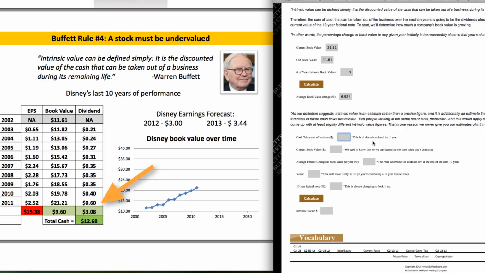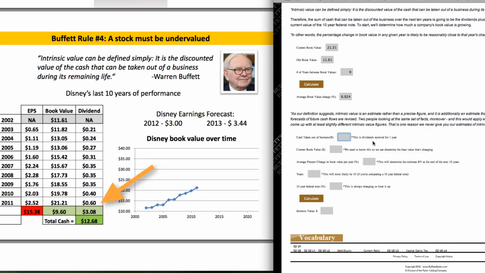So for me, most companies, whenever they set a dividend, they set that dividend at a fairly conservative value, because whenever a company lowers their dividend, it usually has an enormous impact on the stock price. So whenever Disney raised their dividend up to 60 cents, they did that probably as a pretty conservative move, knowing that if they even go into hard times, they're going to be able to continue paying that 60-cent dividend.